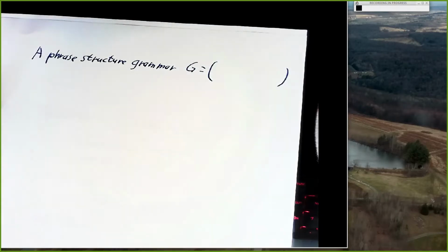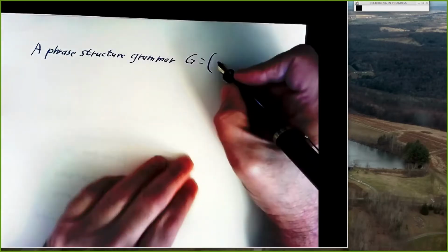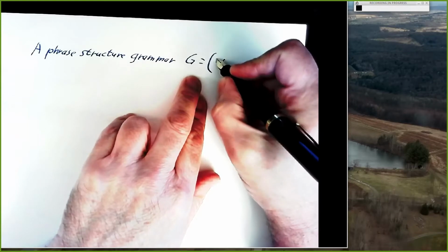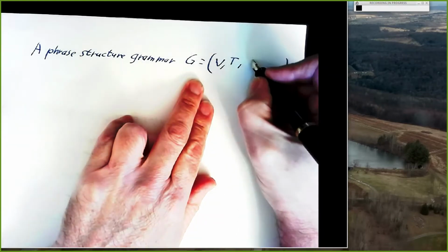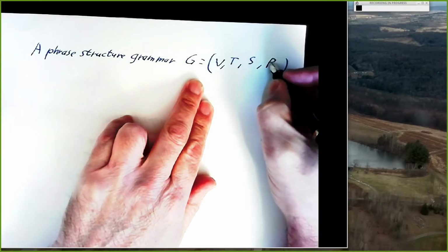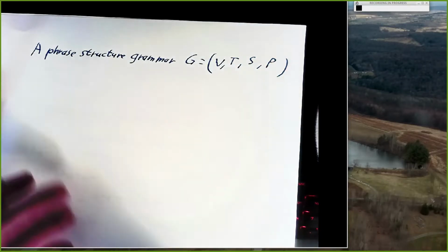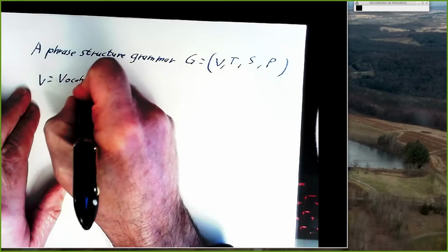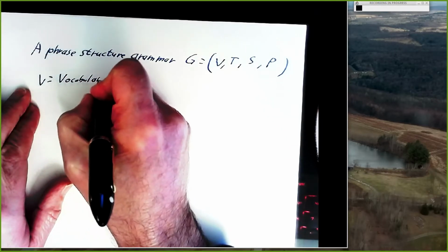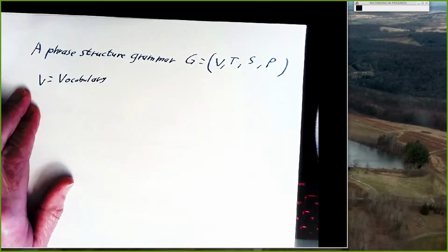It's going to have 4 things to it. The first is V, that's our vocabulary. The second is T, that's what we're going to call terminal symbols. The third is a start symbol, and the fourth is a set of production rules. So V equals the vocabulary, those are the things from which we create words.